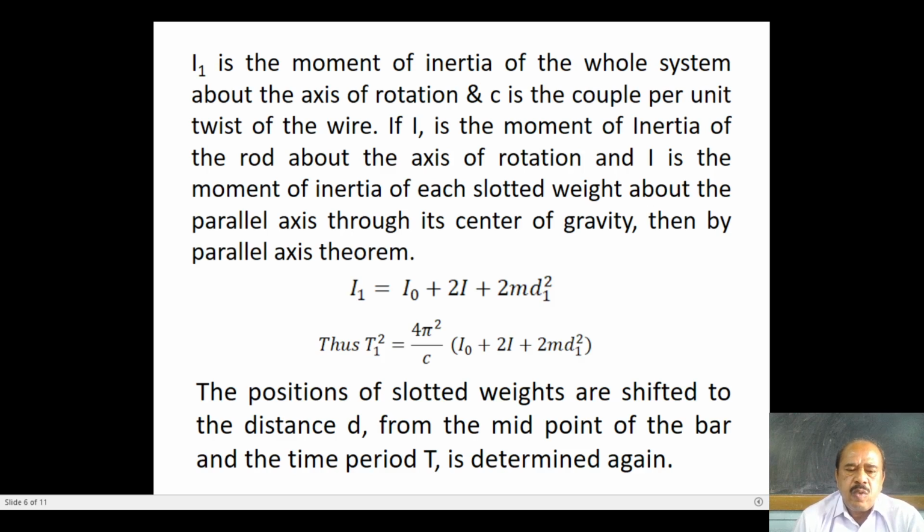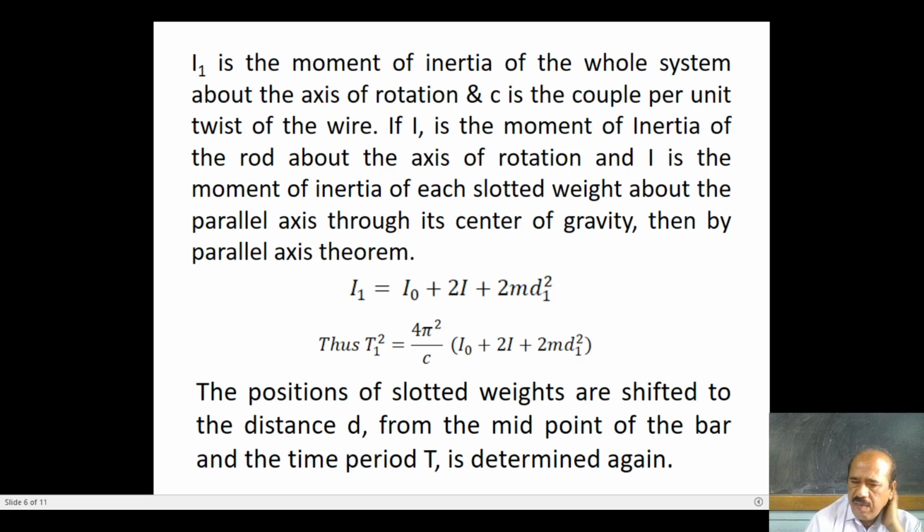Squaring equation 1 on both sides after substituting the value of I1 in the above expression, T1 square will be equal to 4 pi square divided by C into I0 plus 2I plus 2m d1 square.